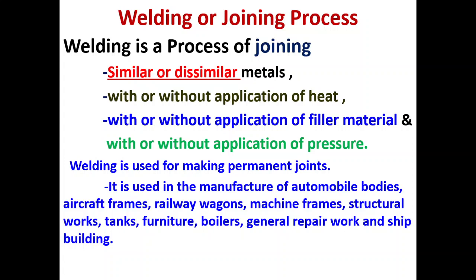Okay. Next, welding can be done in a factory environment and also in the field, because nowadays you can see that portable welding machines are there, so that you can carry them anywhere. So it is movable, so you can also carry it on the field to join the metals.